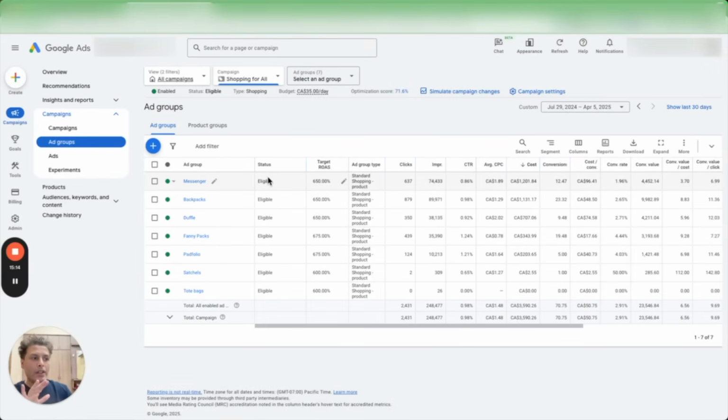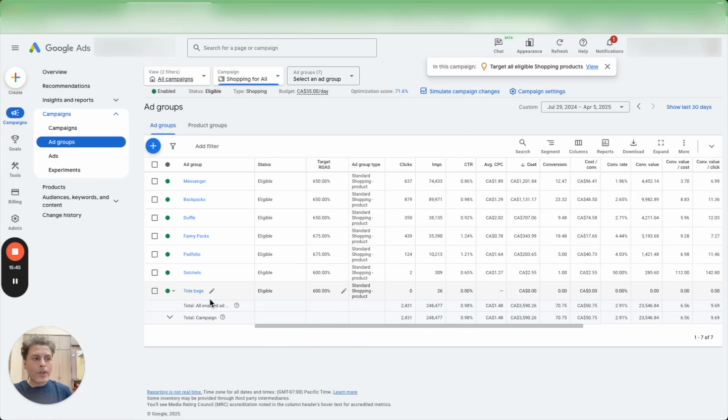Okay, so in this specific campaign, obviously I have built this over time, but if you are starting out, like if you have a leather business or any sort of business and you have a limited budget, you can have one main campaign, and then if you sell different types of items, like in this case, this guy sells messenger bags, backpacks, duffel, fanny packs, portfolios, satchel bags, tote bags, I have segmented them in their own ad groups, right?